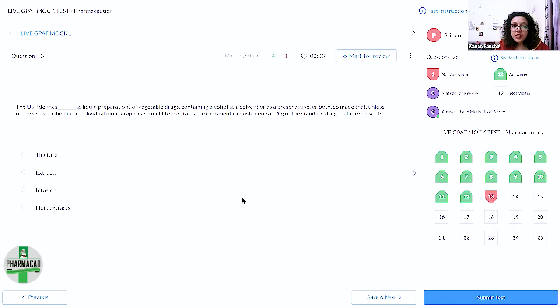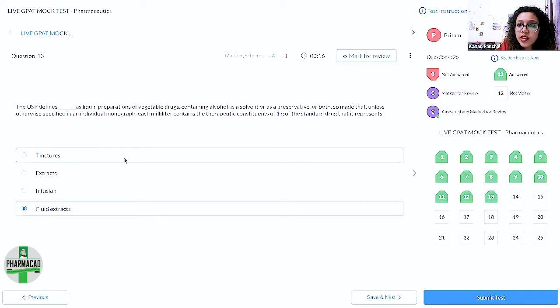Okay, I think Rashmita was answering this one, right? When we were solving the PDF. Yes, ma'am. Option B, fluid extract. Correct. The answer here is fluid extract. What happens in tinctures? Whatever the content is, that is actually soaked in your solvents. In fluid extracts you will always use an alcoholic preparation.